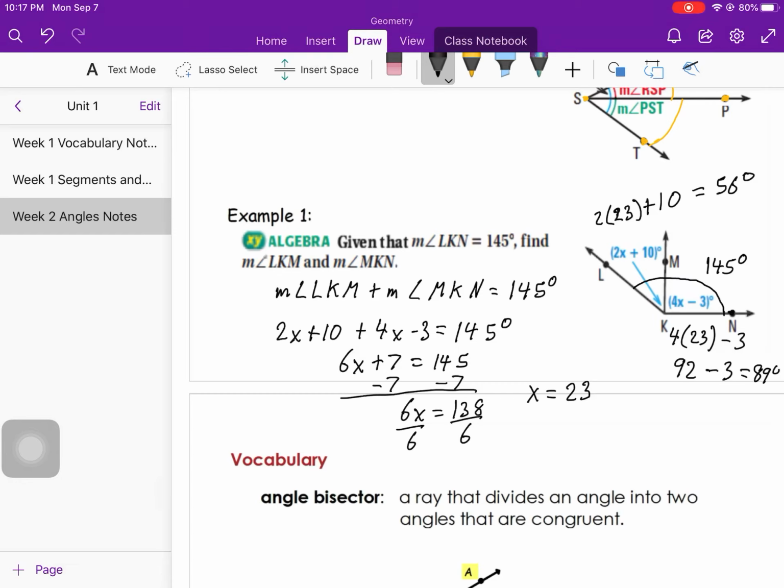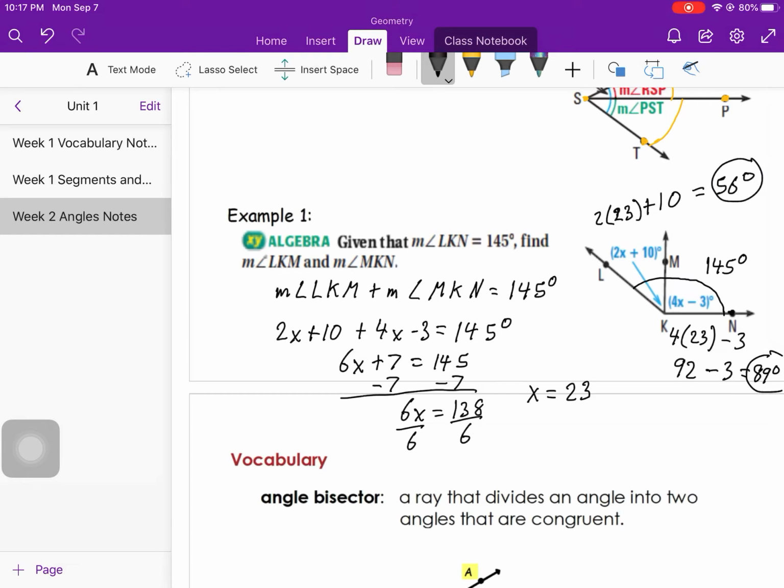Subtract 3, we get 89 degrees. So here's our two answers, and off to the side, I'm just going to write the measure of angle LKM equals 56 degrees, and the measure of angle MKN equals 89 degrees. I apologize, there's not a ton of room to write, but just do the best that you can.